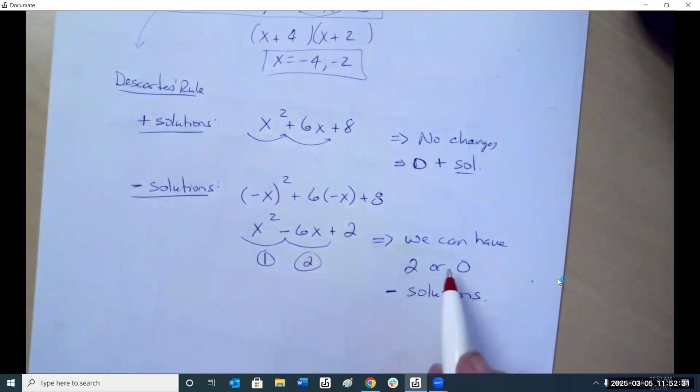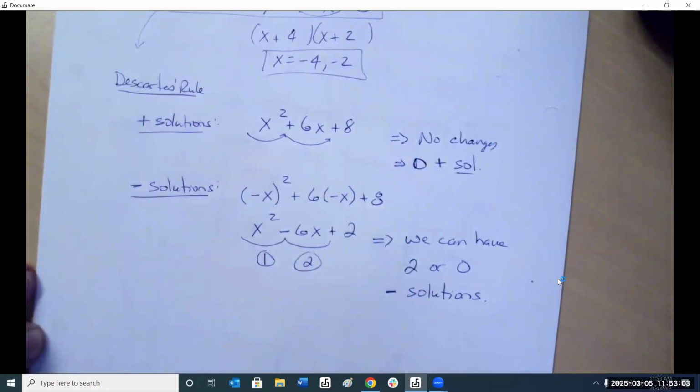Why is it 2 or 0? Because what if one of the answers was imaginary? Then automatically the other one had to be imaginary, a conjugate of it. So it would be 0. You always have to take into consideration that the answers could be conjugate pairs or radical pairs.